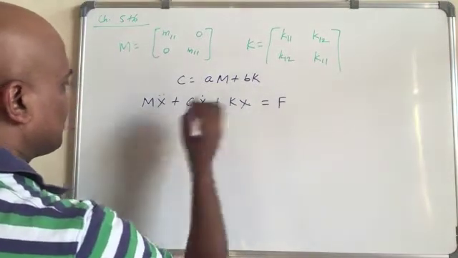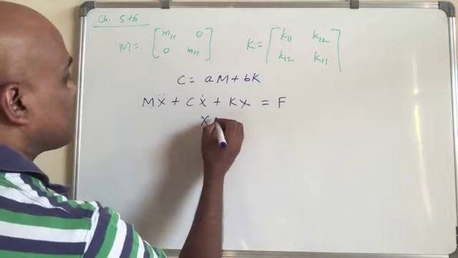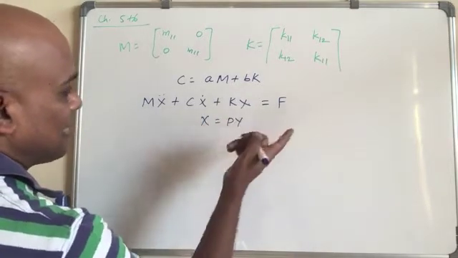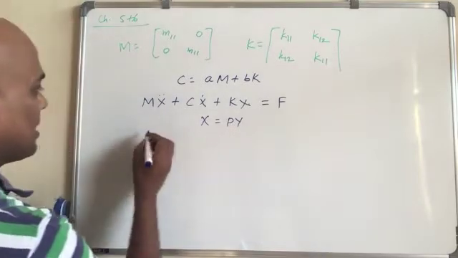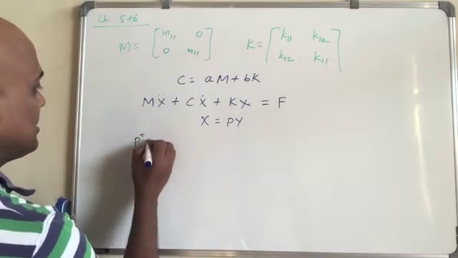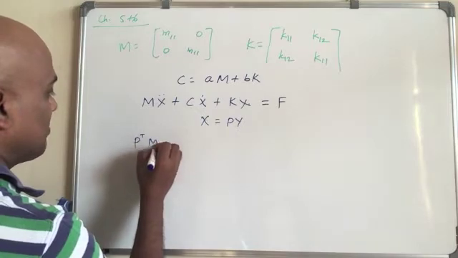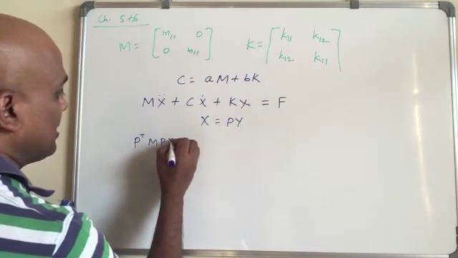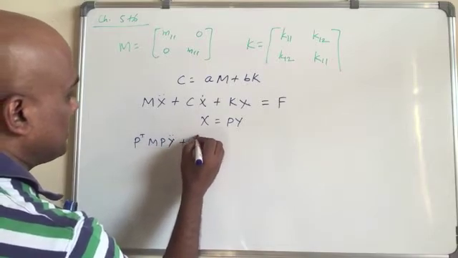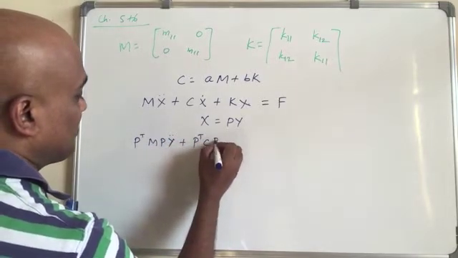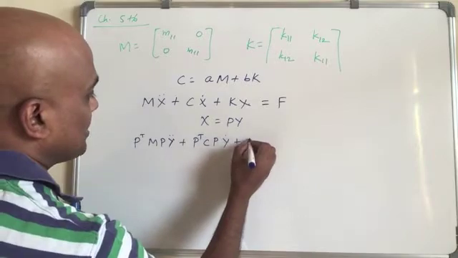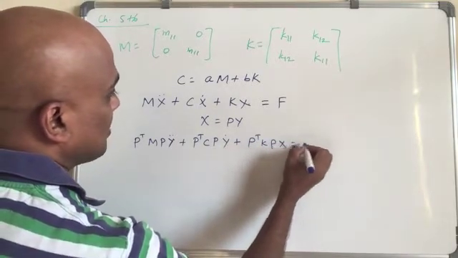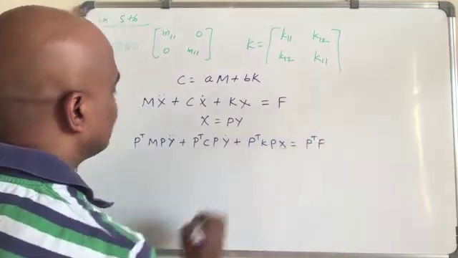Then we chose x equal to P times y, where P is a modal matrix. Then we multiply by P transpose, so we have P transpose M P y double dot plus P transpose C P y dot plus P transpose K P y equal to P transpose F.